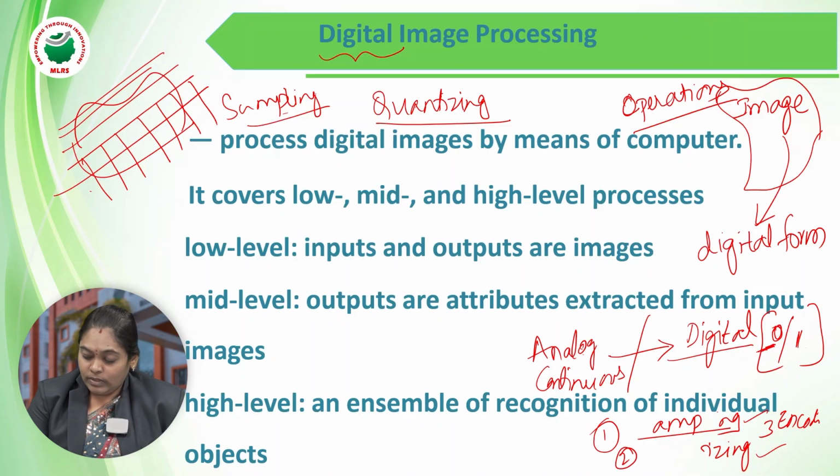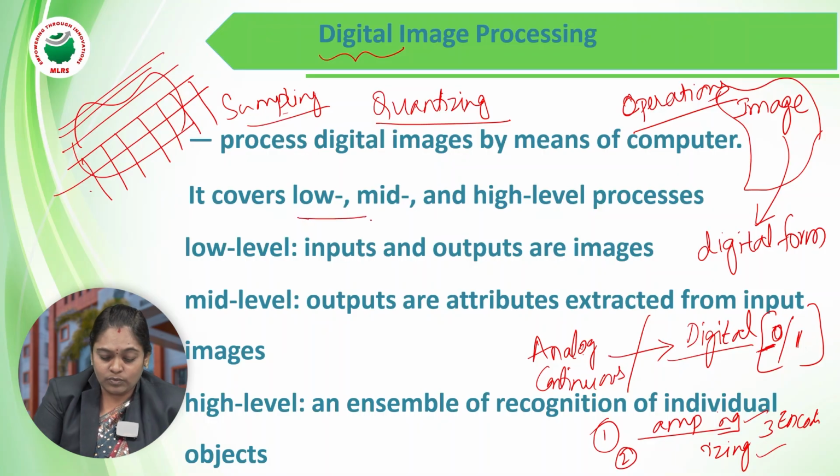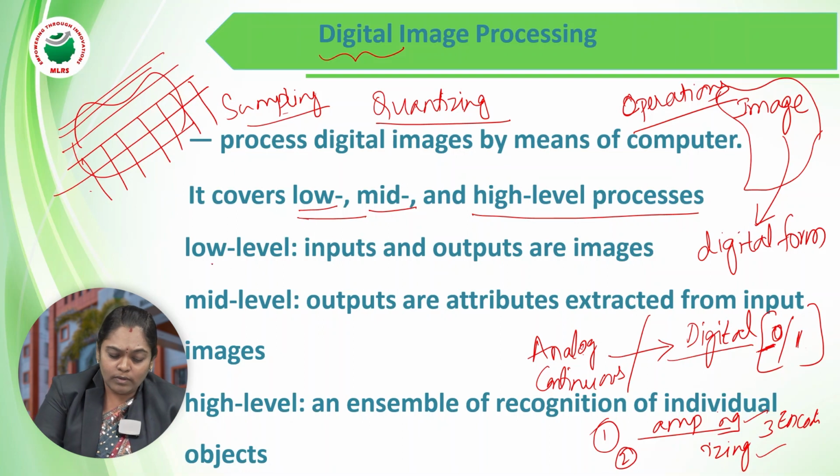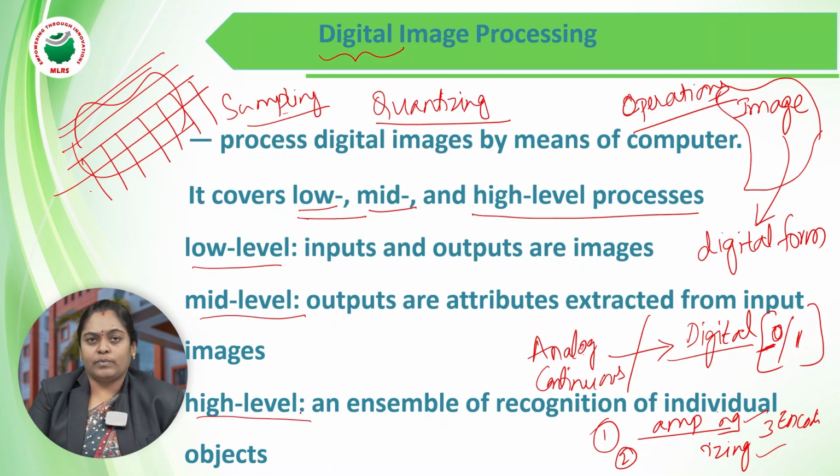Digital image processing has three different levels: low level processing, middle level processing, and high level processing. How can we say whether we are performing low, middle, or high level processing?